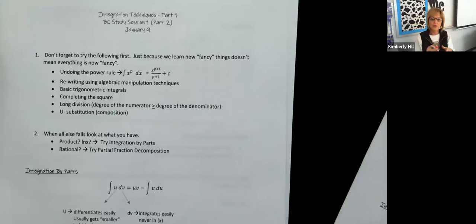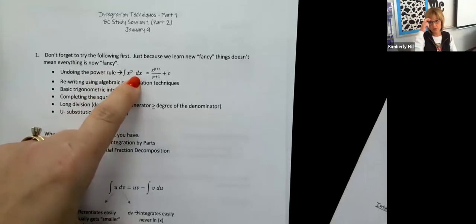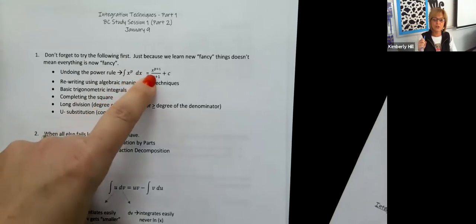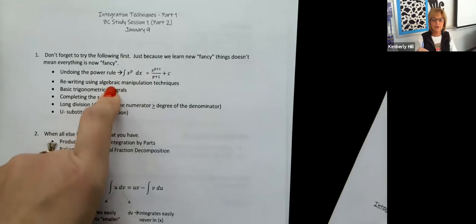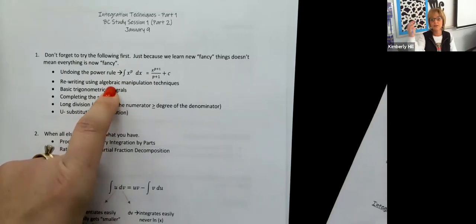But don't forget when you're doing integration, you still have all your normal things. You still have normal undoing the power rule, which isn't proper wording, but just your normal take the antiderivative of something. Don't forget, you can still rewrite things using algebraic manipulation, like bringing things from the denominator to the numerator and multiplying them in.